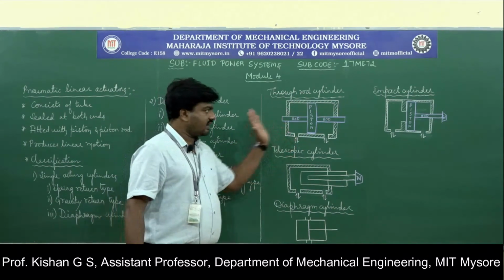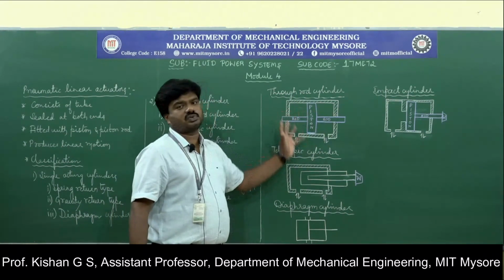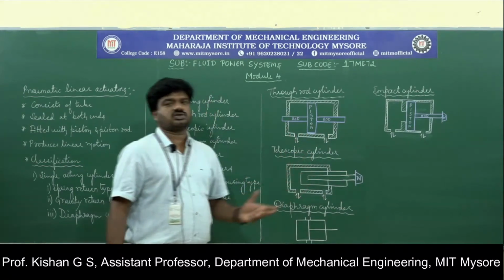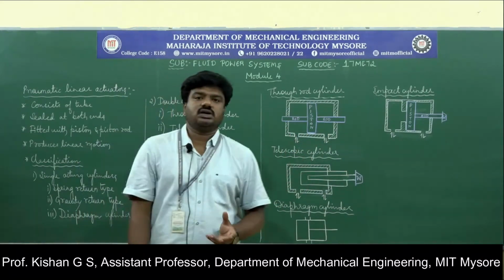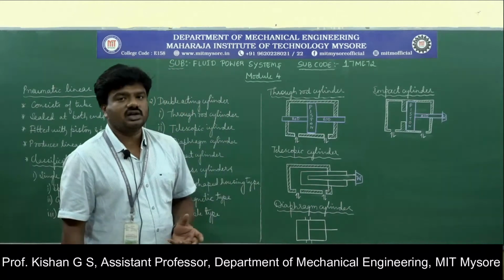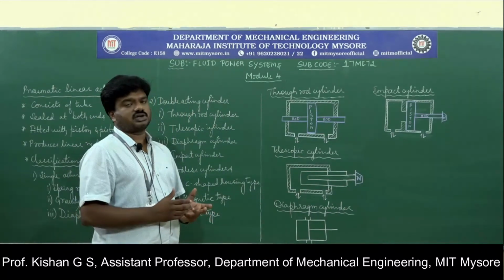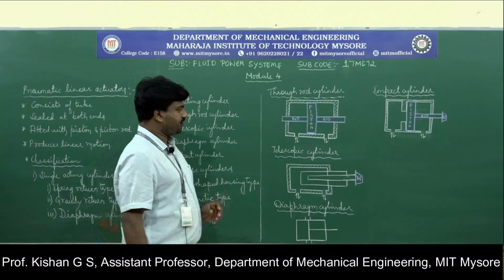So the extension and retraction forces will be exactly the same, and this will also be considered a coupled double acting cylinder, wherein dual application could be considered in its use.